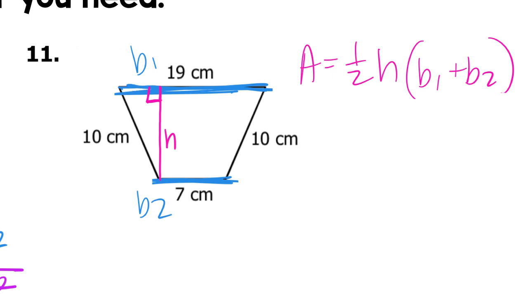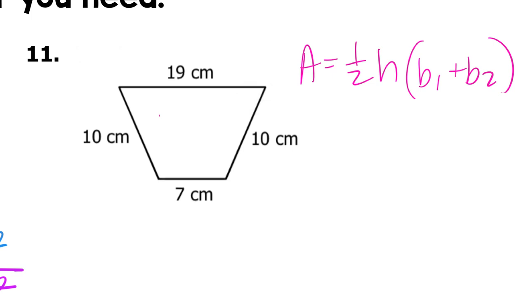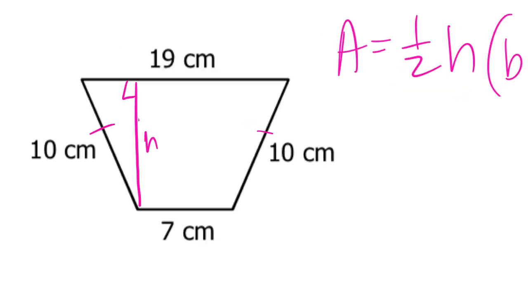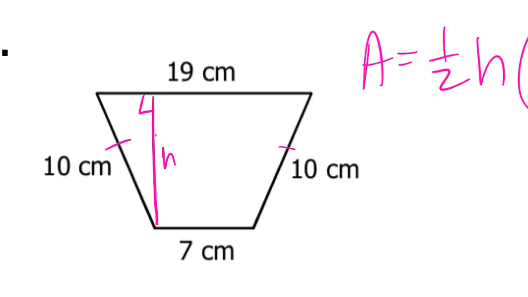Now, because this trapezoid is isosceles, and remember, isosceles trapezoids have 2 equal legs. So see how this is 10 and this is 10? That's isosceles. That means if I were to draw another height over here, this piece would have to be congruent to this piece. And another thing that we know is that this bottom side is 7.